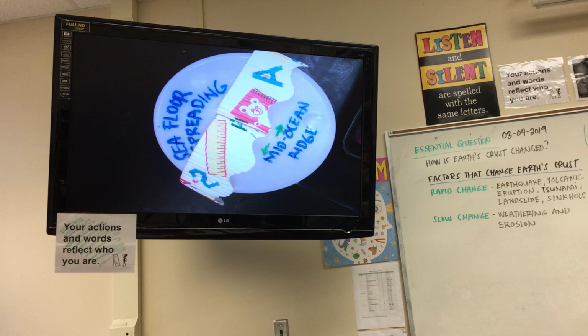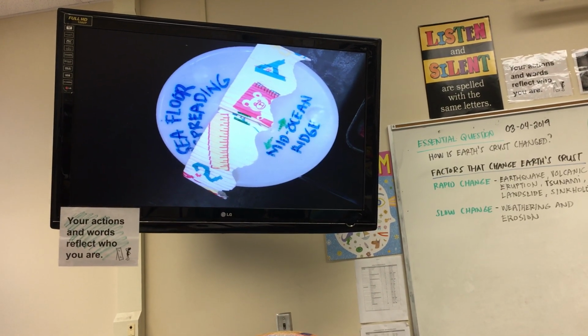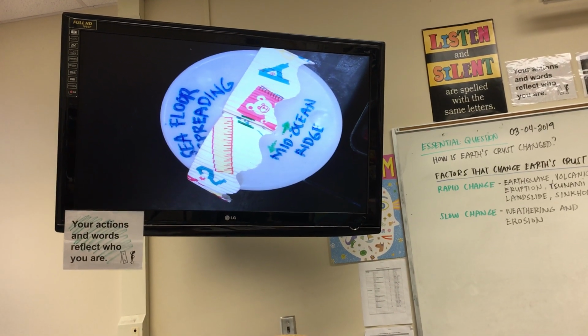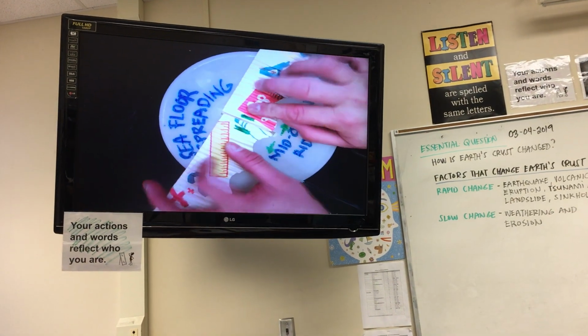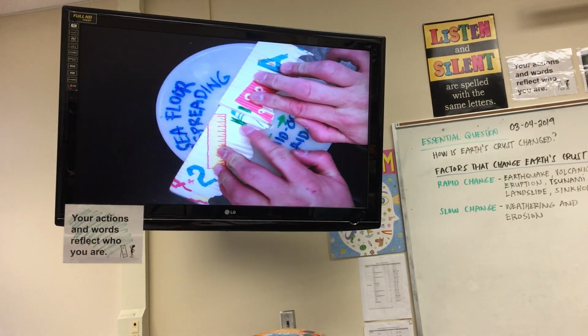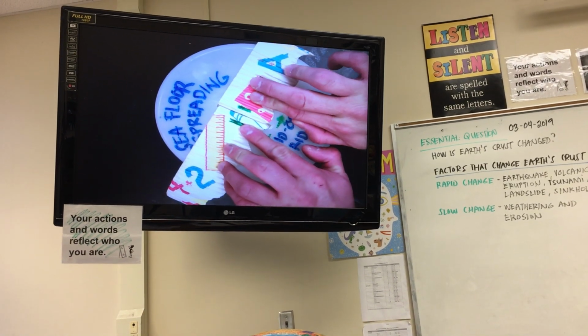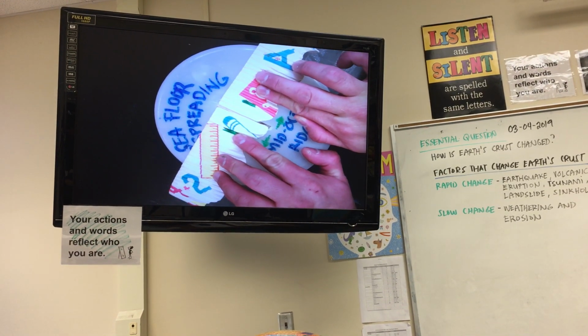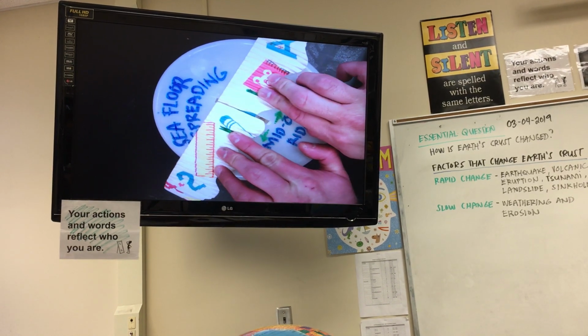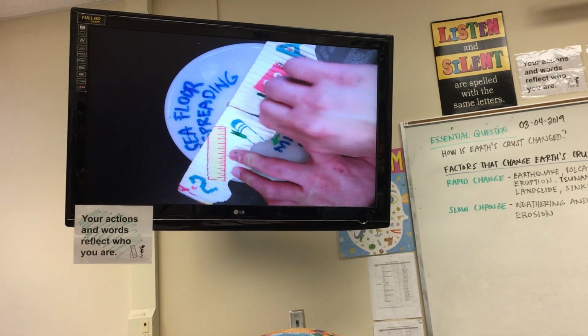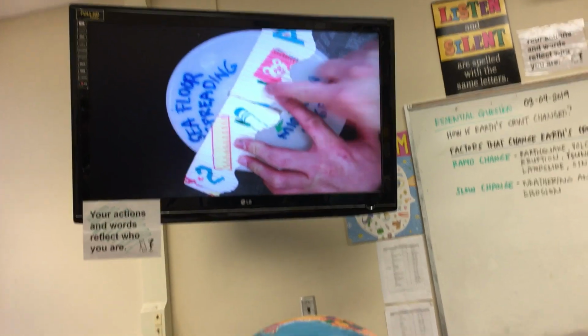But just like anything else, you start as young and then you grow older. Look at this one. These are the youngest rocks. But because of the mid-ocean ridge, what happens is that the rocks move away from the mid-ocean ridge. Now the youngest one is the one here. This is older rocks.